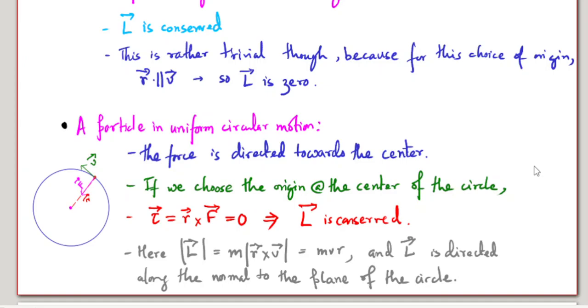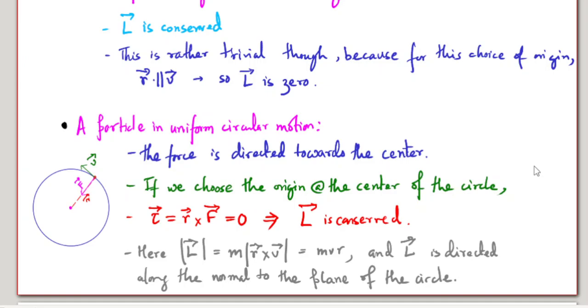Now, as we all know, in such a situation, if the particle is somewhere on this circle, the velocity will be along the tangent, that is perpendicular to the radius, and the force acting on it will be directed always towards the center. This is uniform circular motion, where the acceleration of the particle is always directed towards the center, the so-called centripetal acceleration, and the force acting on it has to be thus directed towards that point.